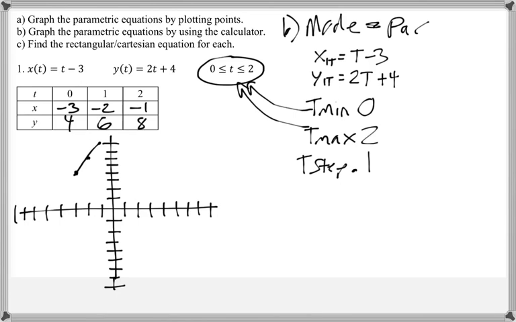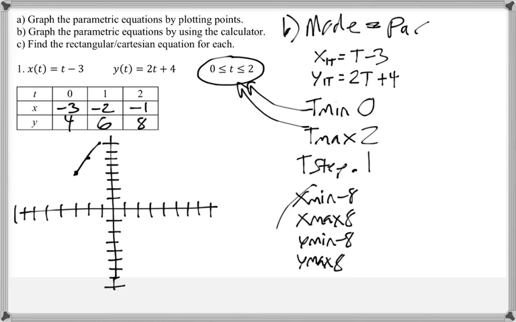And let's make the x min -8, x max 8, y min -8, and y max 8. The x and y mins and maxes are a little bit subjective, but the t min and t max really have to be 0 to 2 because we're only defining it on that interval.